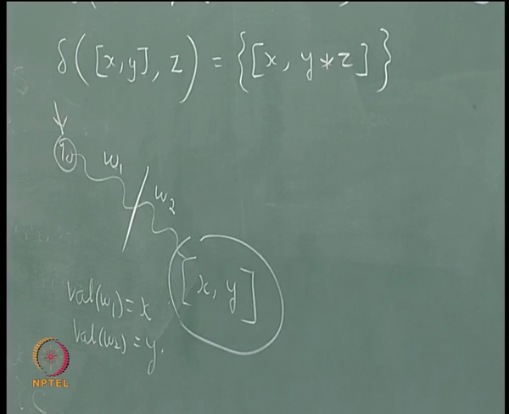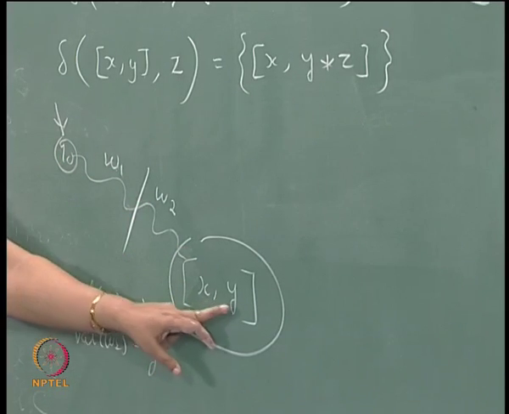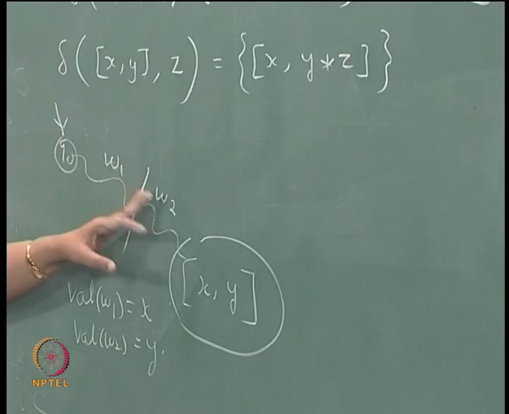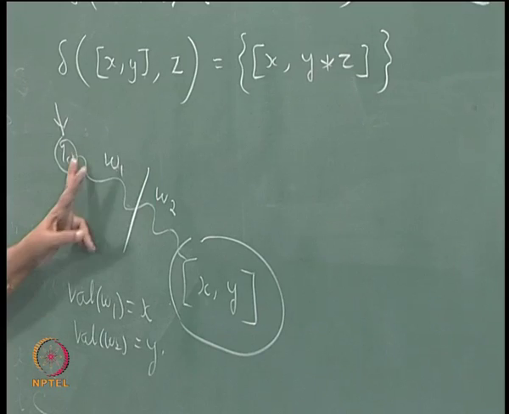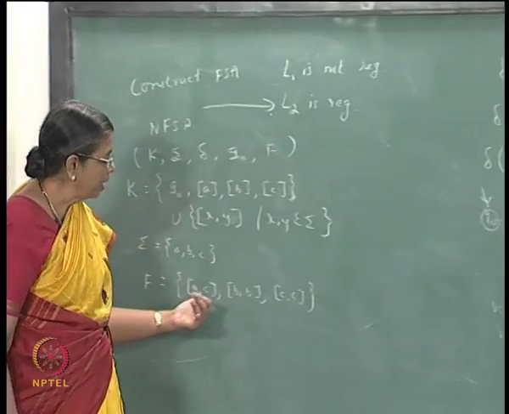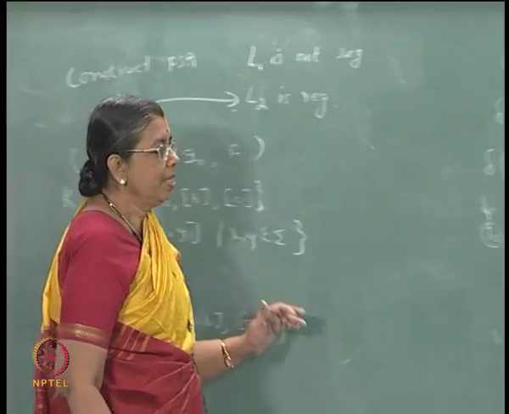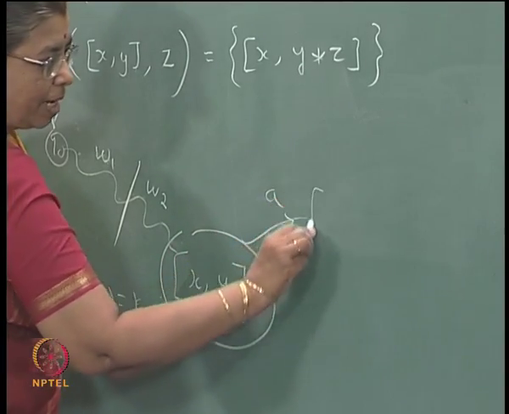So, starting from Q naught, after reading a string W1 W2, if you go to x y, then it means that the string W is W1 W2, you are able to split it in such a manner, anywhere you can split, such that the first portion evaluates to x, the second portion evaluates to y. That is why, if the left evaluation and the right evaluation are the same, you accept. From this, if I get a, to what state do I go?